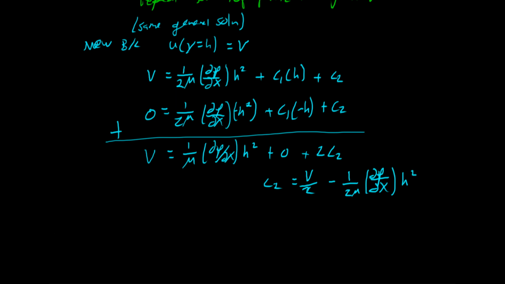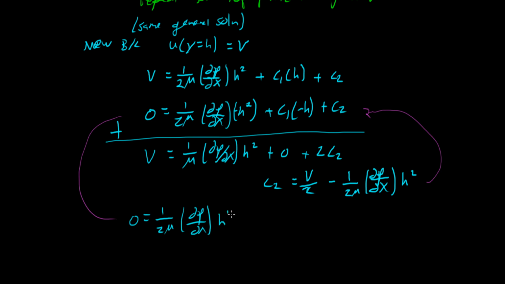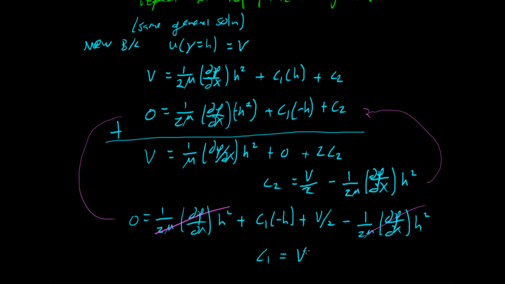And if I take this, substitute it back in, I can get the second constant of integration to be 0 equals 1 over 2 mu dp dx h squared plus c1 times minus h. Oops, sorry, that's v over 2, not v2. I'm just going to sub this in: v over 2 minus 1 over 2 mu dp dx times h squared. Again, this thing cancels with that thing, and we're left now, c1 isn't 0 anymore. c1 now is v over 2h. And you're about to see something really interesting happen when I put all this together on the next page.